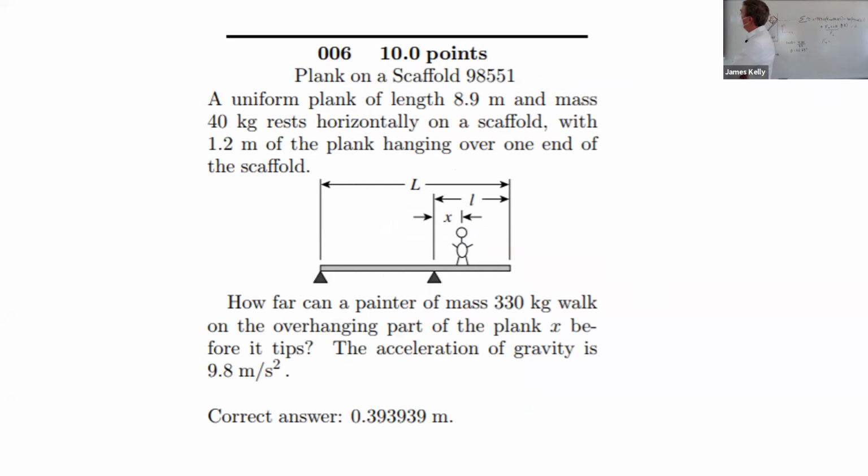That's L, I'm assuming. And then a certain person wants to walk on the overhanging part of the plank. How far do they get before it starts tipping over and the person is unhappy? I don't know how to do that here. Here's a meter stick, right? If someone starts going farther out here, at some point it's going to tip over. We all, I assume, have that intuition.